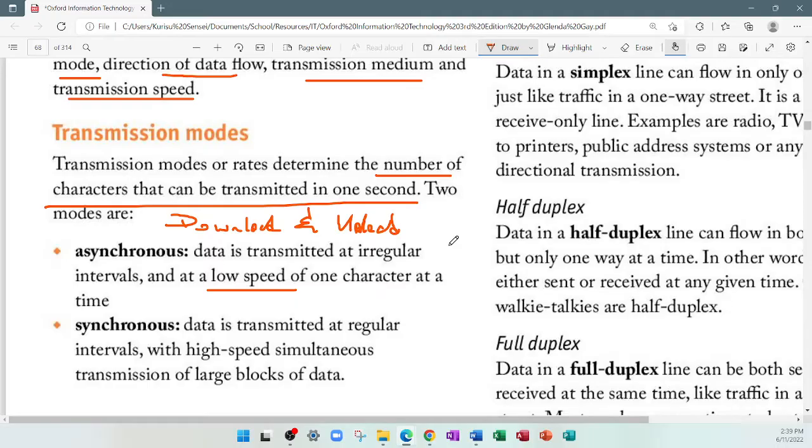Now, asynchronous works in such a way that we are going to have a faster download speed, and the upload speed is going to be slower. You guys ever notice that? Your download speed is actually faster than your upload speed.